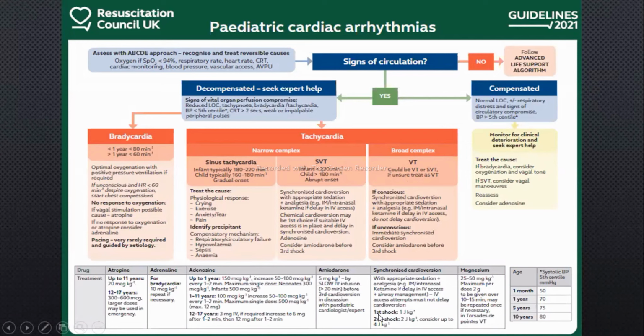The synchronized cardioversion will be first shock 1 joule per kilogram, second shock 2 joule per kilogram, consider up to 4 joule per kilogram, and also consider amiodarone before the third shock. Here we are talking about a patient who is alive, guys, not in arrest. We will discuss arrest in topic 3.